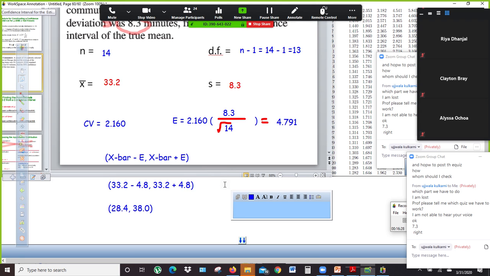All right, you guys have questions about this one? The x bar minus E and x bar plus E, that represents what? That represents our confidence interval. So remember, x bar is our best guess.